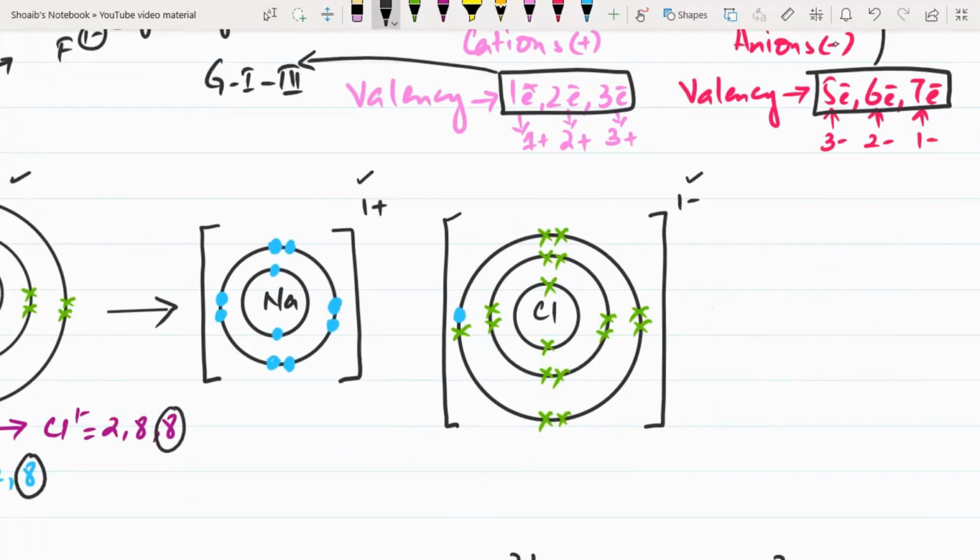As there is no equality of electrons and protons in the sodium and the chlorine, they gain positive and negative charges.